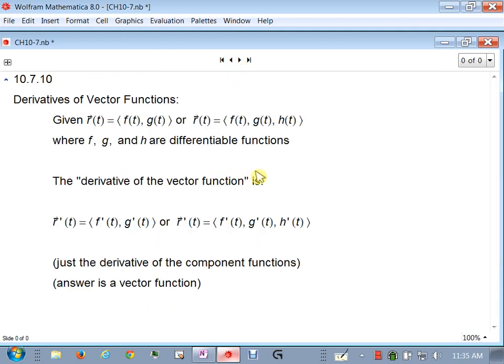Anybody know where the torus comes from? The donut? There's a class called topology that math majors will take, and it's based on this principle that if I were to take a sheet of paper, if I were to say I want this edge to become this edge, right?